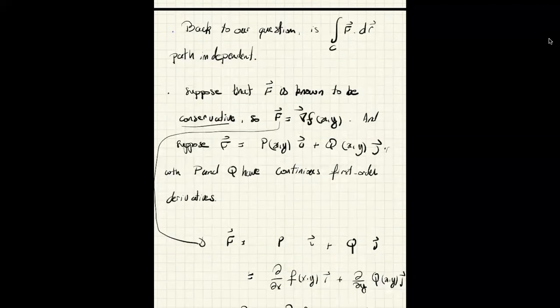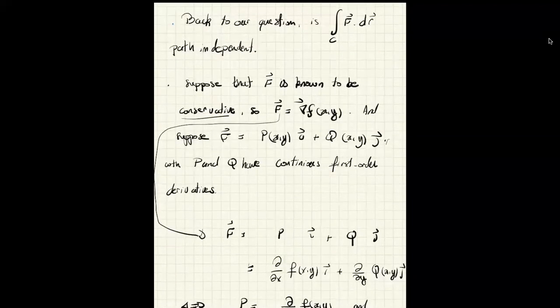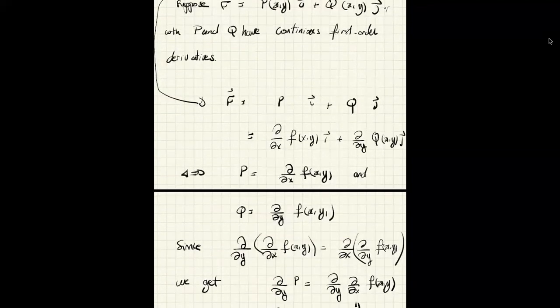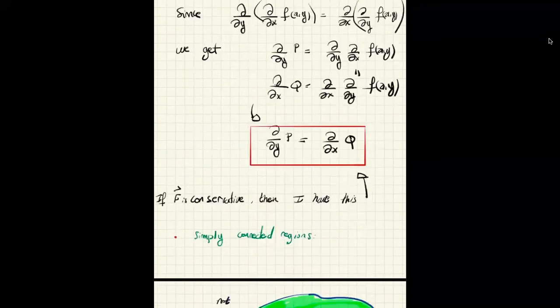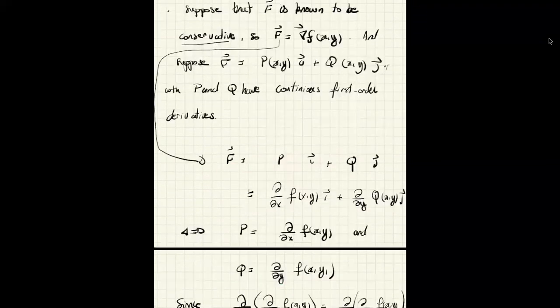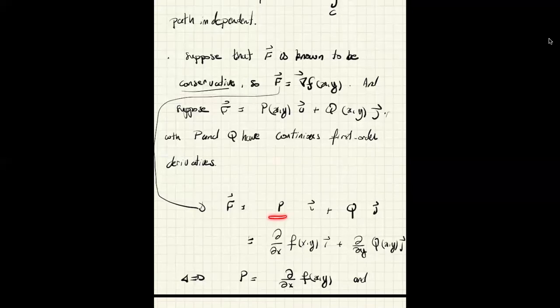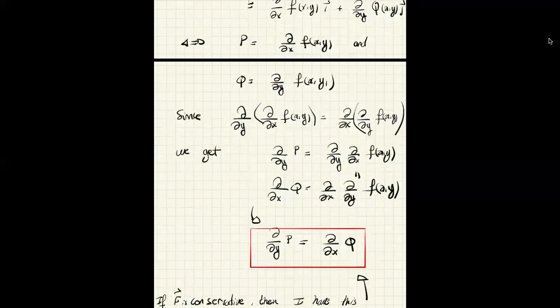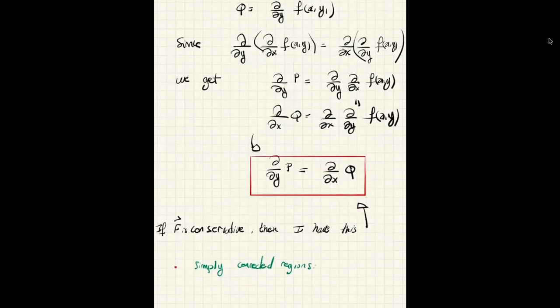And now we started talking about: I give you a vector field, is it conservative or not? Which means, does it come from a function of two variables? We realized that if the vector field is given by P and Q, where P and Q are two nice functions with continuous partial derivatives, and it's conservative, then this must be true.